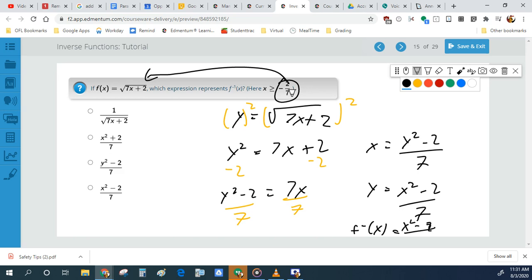So you won't need the fourth step for this one. So here we have x squared minus 2 divided by 7. Are these problems making sense to you guys? Cool.